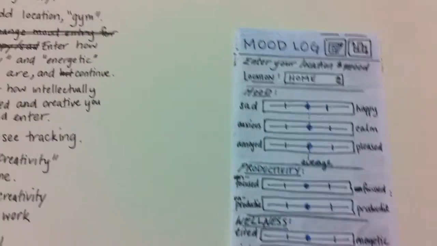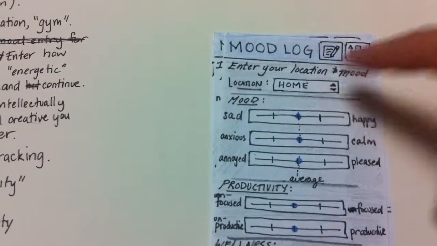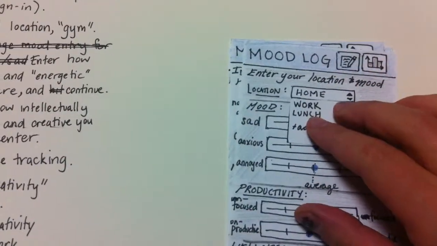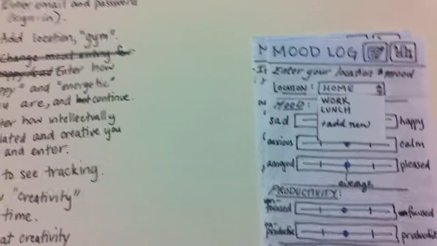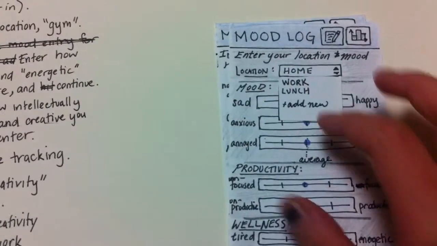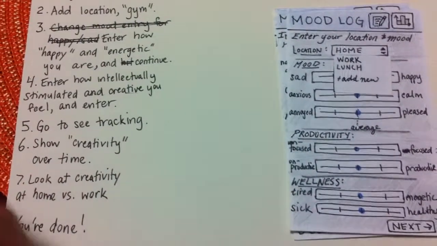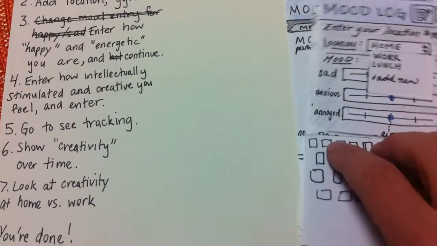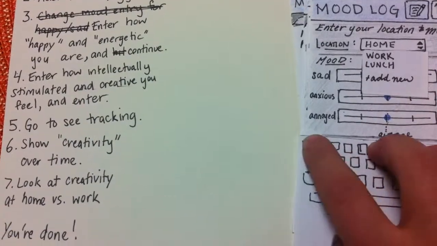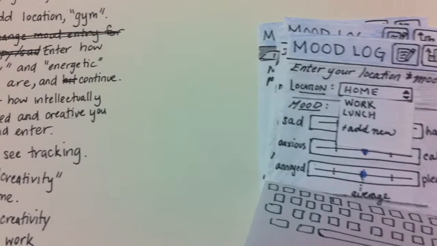great. So first I have to change to the gym. So I click on this right here, and this little thing pops up, and I've already populated work and lunch, or maybe those are just typical. And I say, you know what, I actually want to add a new one, so I click add new, and my lovely little keyboard pops back up so that I can type in gym.